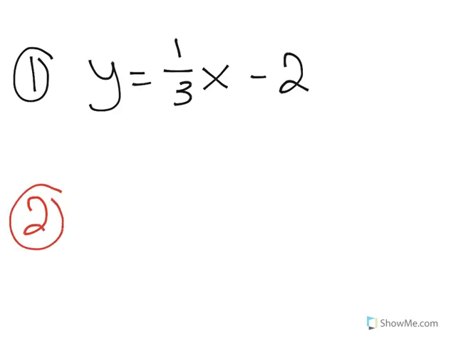Number 2 is going to be y is equal to negative 4x plus 3. These are the 2 examples that I need you to do for homework, and they will be due at the beginning of our next class period. Please email me if you have any questions.